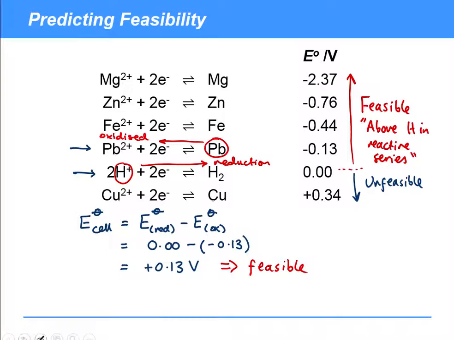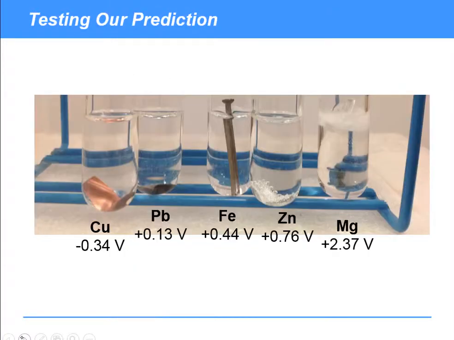So let's see whether that is actually the case. So here's a picture of what's happened. We can see here the copper, as we might have expected. We've got no observed reaction here, and that one's not supposed to happen.